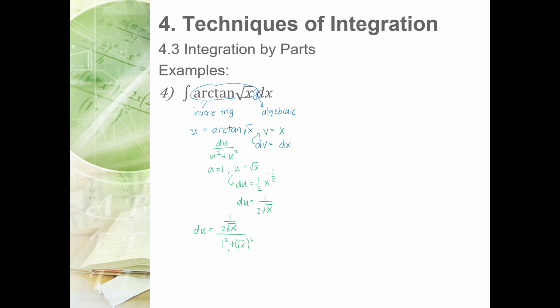And this would give us a du of 1 all over 2 square root of x times 1 plus x. Okay, so this would be du.